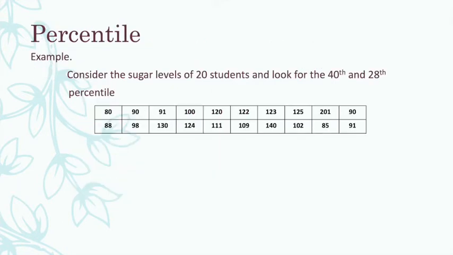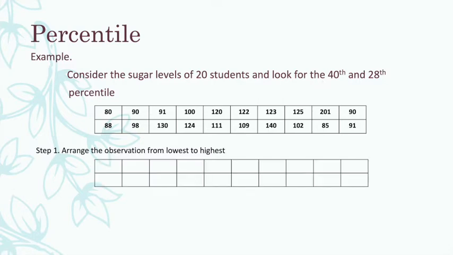Okay, let's have an example. Consider the sugar levels of 20 students and look for the 40th percentile and the 20th percentile. So step 1, let's calculate first the 40th percentile. Arrange the observations from lowest to highest.